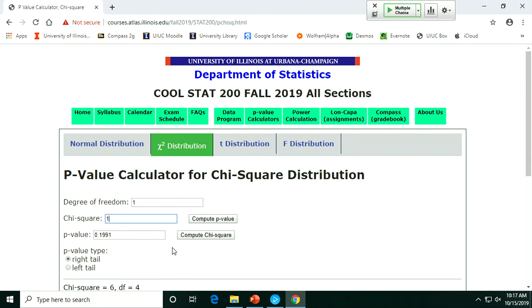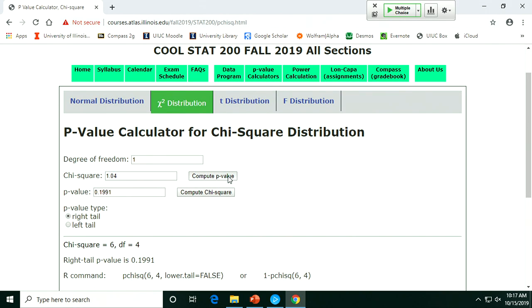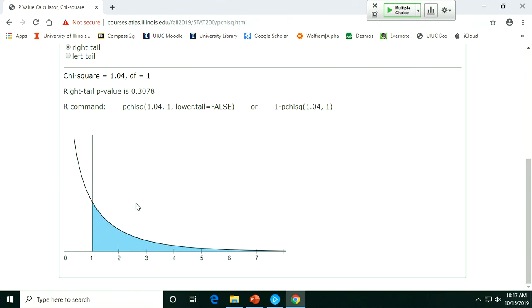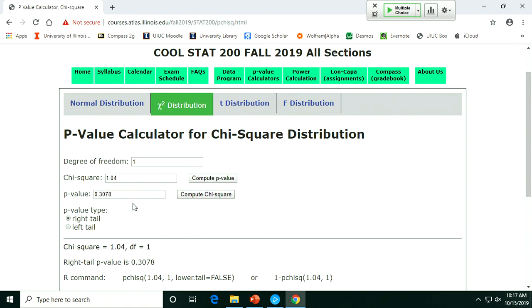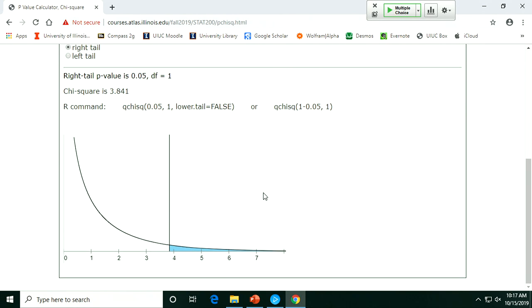Chi-square is 1.04. We compute the p-value, and it's 30.78. And again, you can see the critical value here. That's when we have just 5% in the tail, and we get 3.841. So we'd have to get bigger than that.